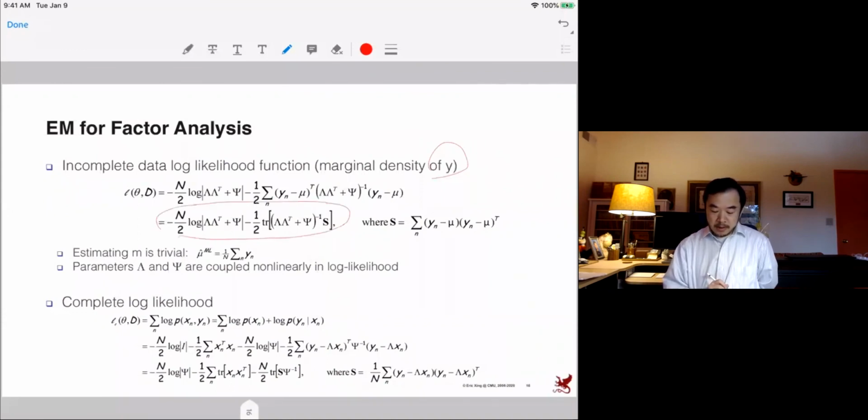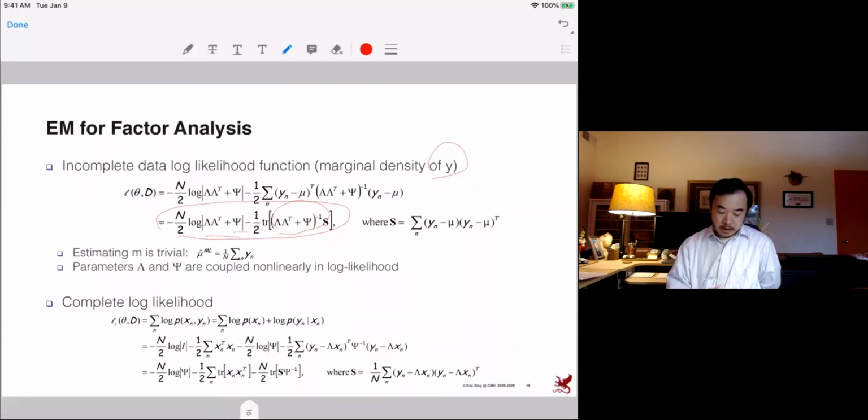It's a combination where lambda and phi get intertwined in a complex way inside the log of the determinant, inside an inversion and the trace and so forth. Therefore, they are highly coupled. You don't really have a good hope to derive a clean expression of the updates, just like what we see in the EM algorithm for mixture of Gaussians, where everything becomes intertwined.